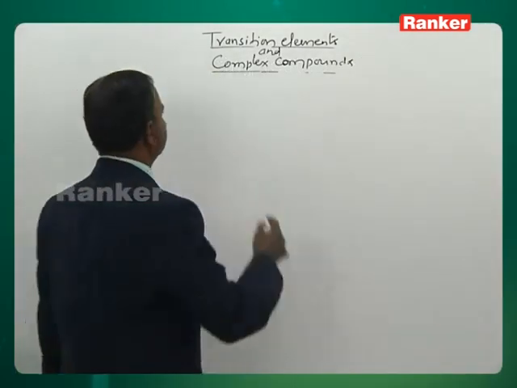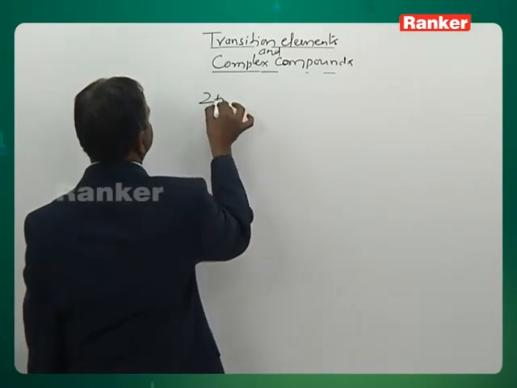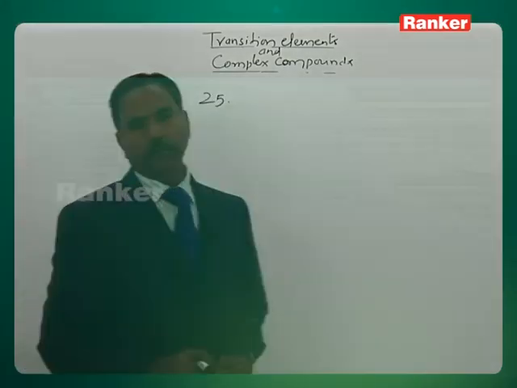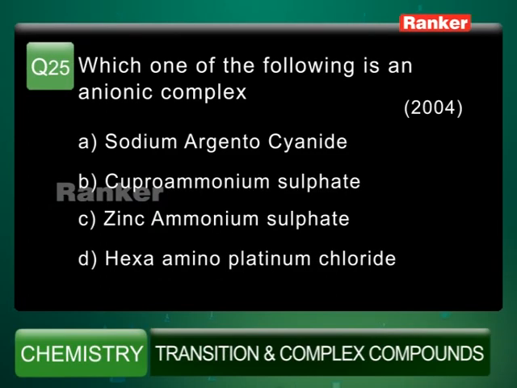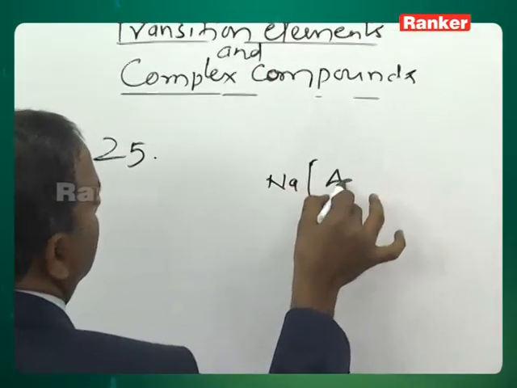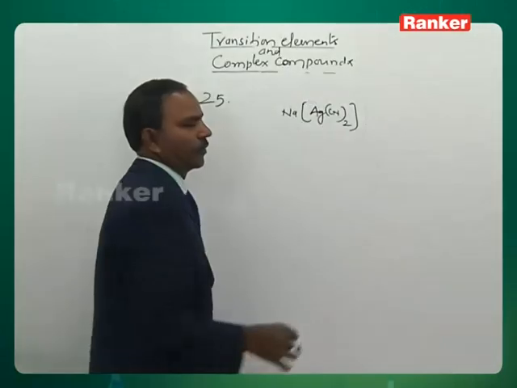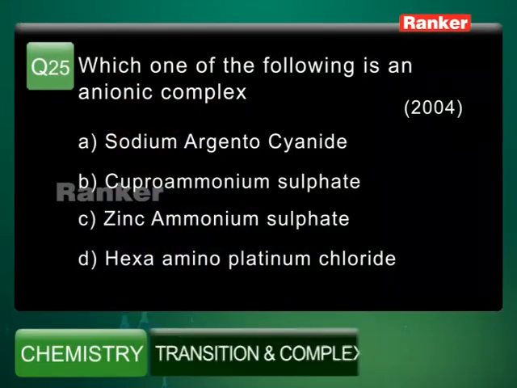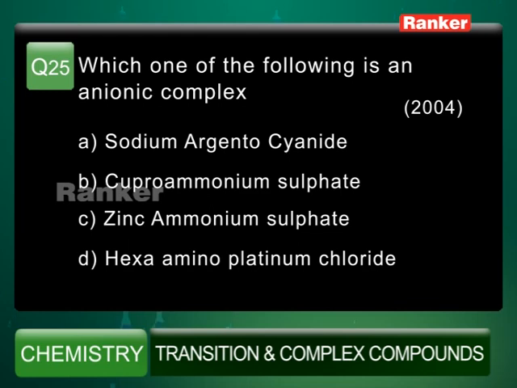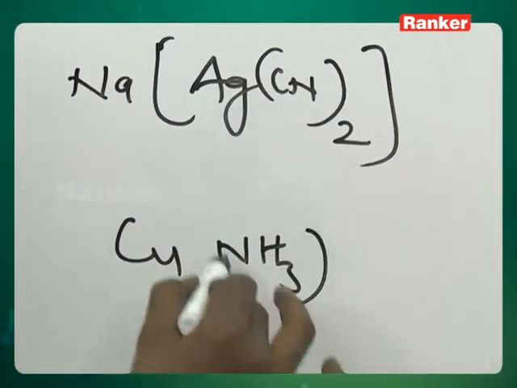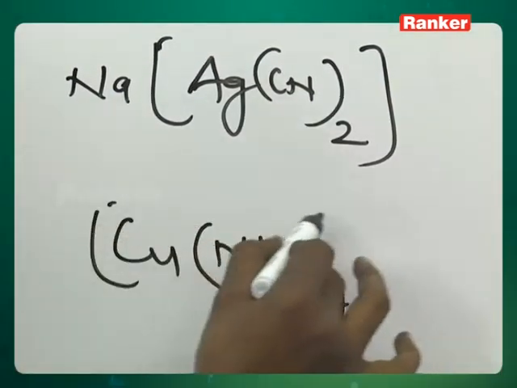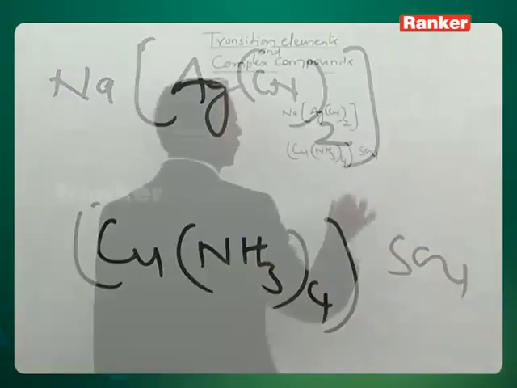Question number 25. Which one of the following is an anionic complex? Check which is the anionic complex. A is sodium argentocyanide. Option B, cuprammonium sulfate, [Cu(NH3)4]SO4.